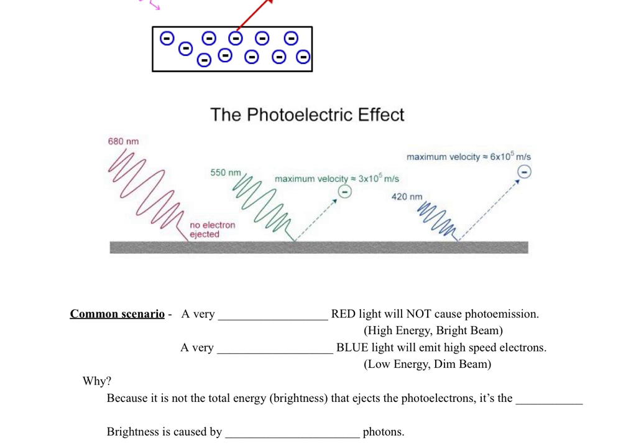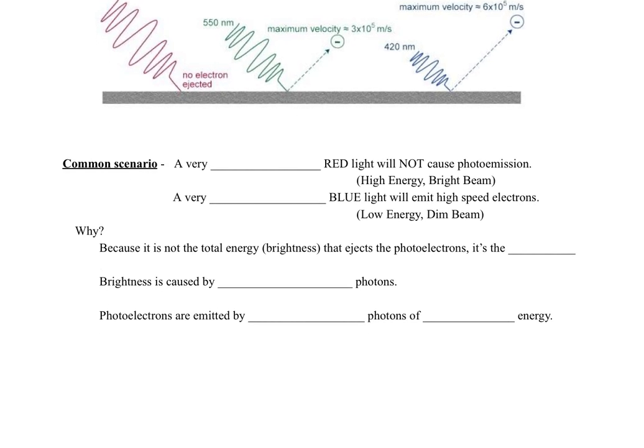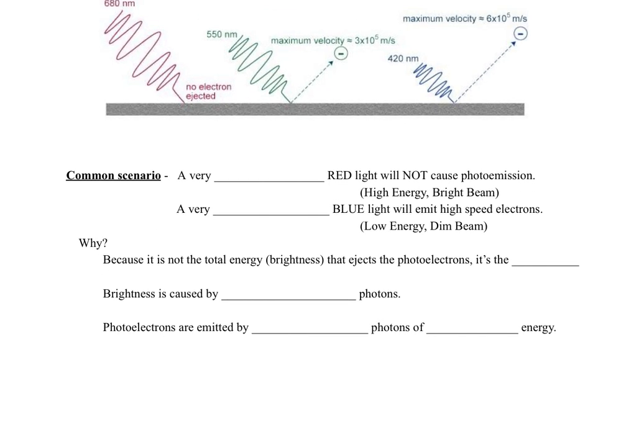So, common scenario, down here at the bottom, move this up. Common scenario: a very bright red light. A bright red light means there's lots of photons. So there could be lots of nickels, so to speak, a lot of energy, enough energy to burn through the metal, but no electrons will come off.